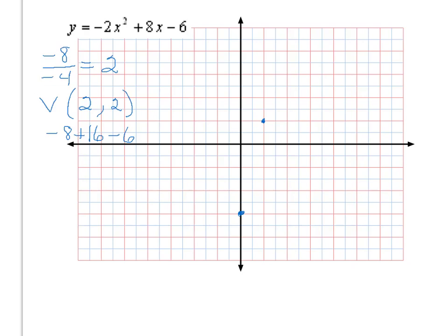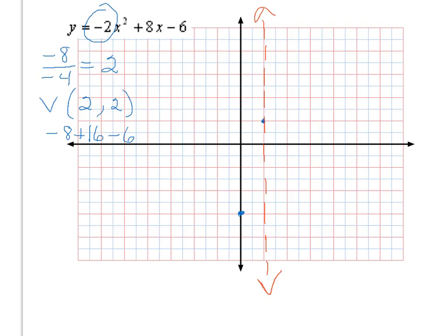Well, sure, because look at a. a is -2, which means this parabola should open down. It also means then that I know the axis of symmetry should go through that vertex. So if I draw that in, that can help show me where some symmetry points are.